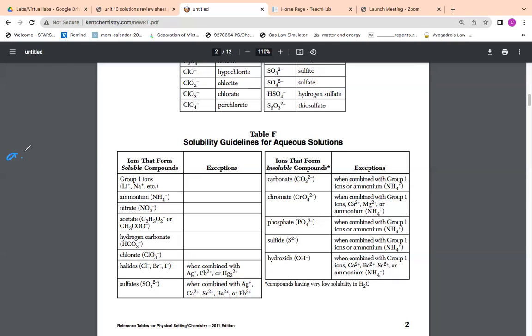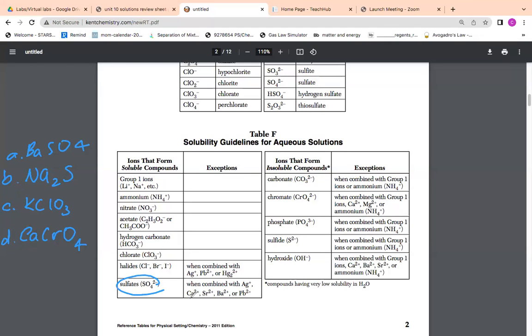Choice A was barium sulfate. Okay, so here were our options. So first, I'm just going to take a look at the first one, A. So I see SO4, so sulfates.